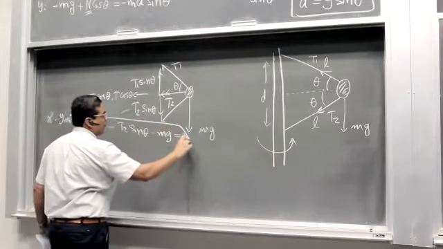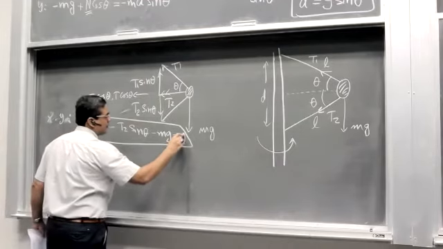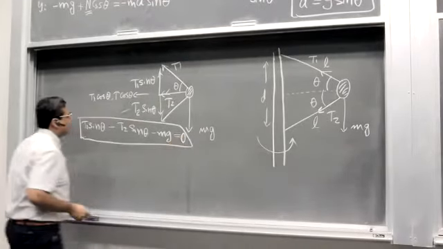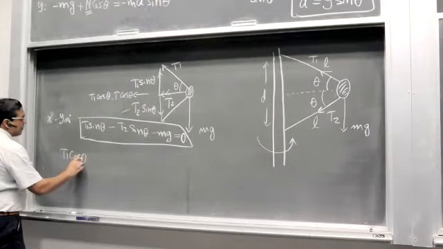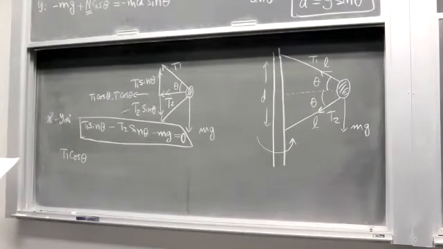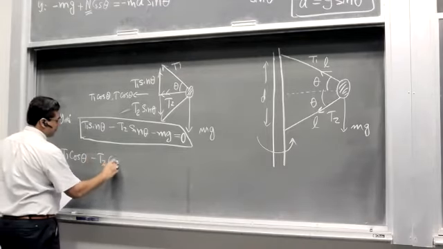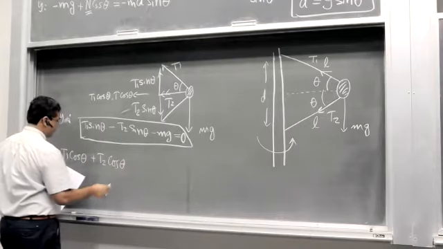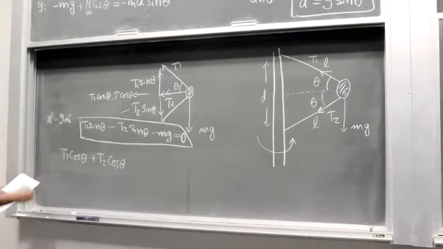So this would be one equation. Now the second equation, T1 cosine theta plus T2 cosine theta, the tension.